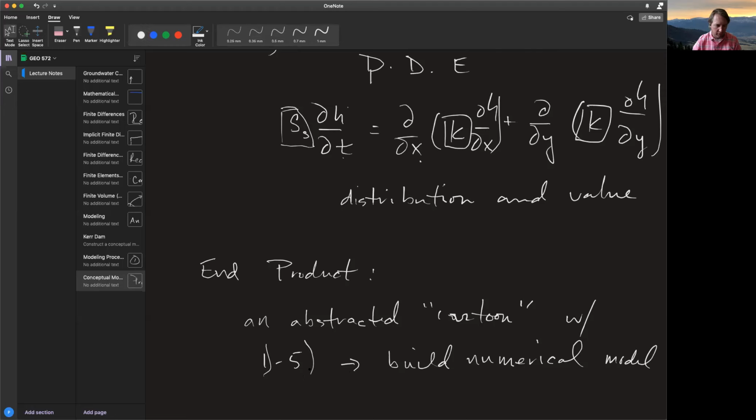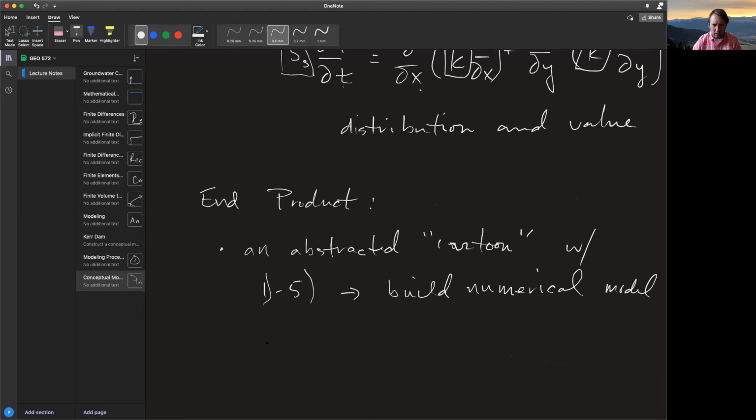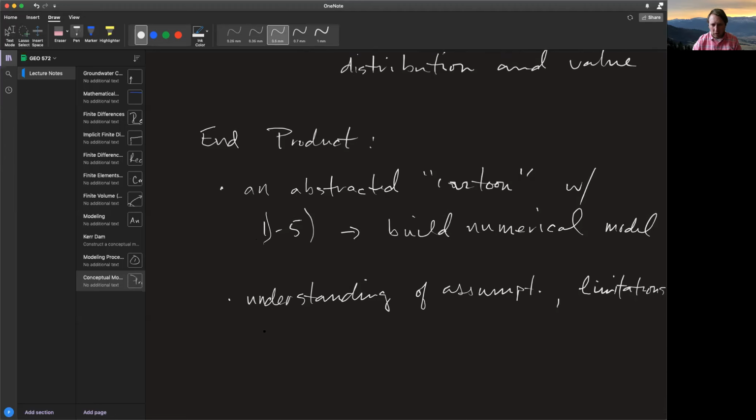So the end product here is 1 through 5, and an understanding of assumptions, limitations, alternative concepts, ranges of the parameters, ranges and distributions.